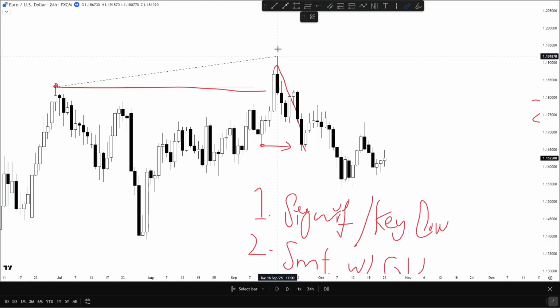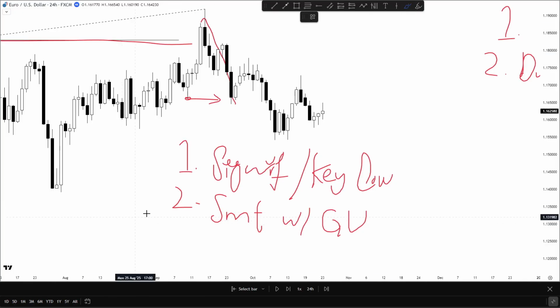Because of this divergence and because this low is a significant one, this structural shift was considered a valid one. Another major factor here is that we tested a high time frame key level.